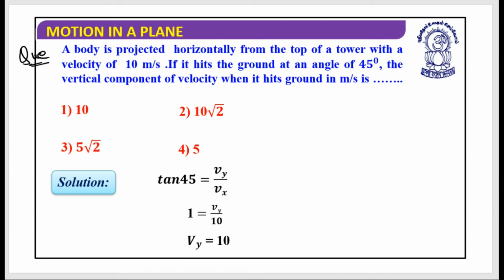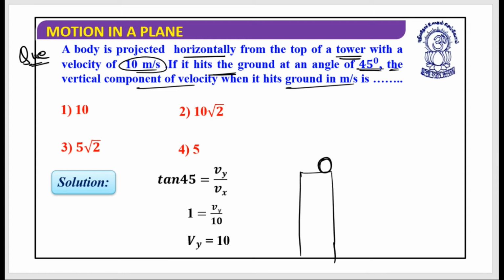It says that a body is projected horizontally from the top of a tower with a velocity of 10 meter per second. If it hits the ground at an angle of 45 degree, find the vertical component of velocity when it hits the ground in meter per second. It's a tower, and the body has been thrown horizontally. Maybe it is going to land here, and this will make an angle of 45 degree.